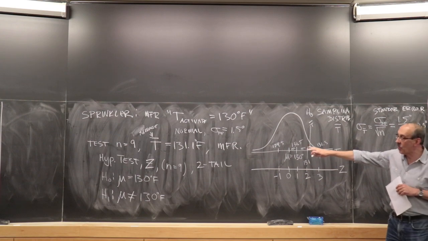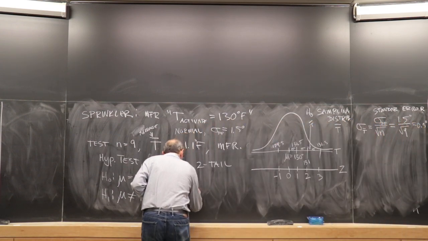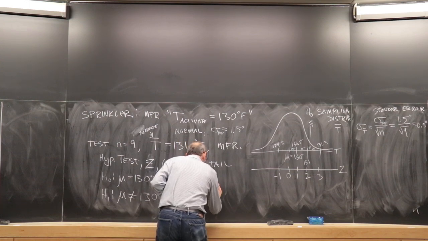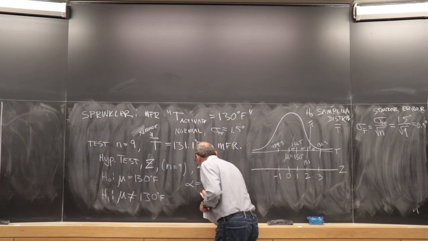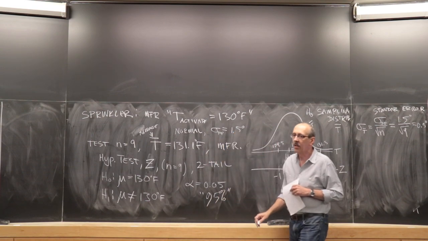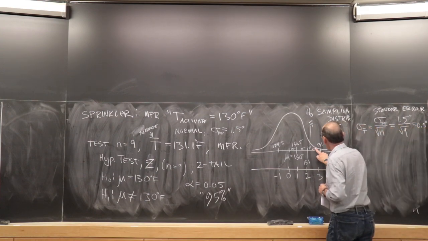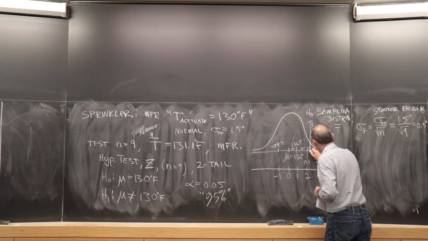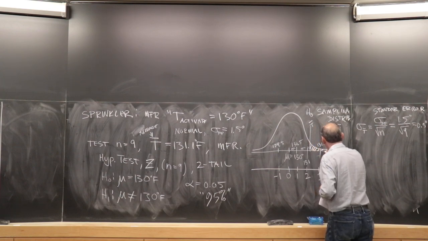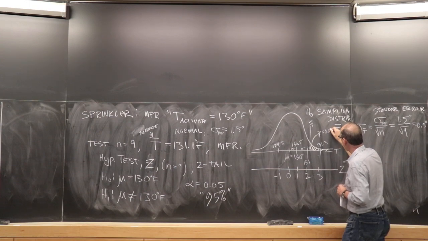I didn't say what level I'm going to use here. Let's pick, for this test, alpha is 0.05. So this is a 95% confidence level hypothesis test. Okay, so there's some rejection region out here where the probability in this tail is equal to 0.025, which is alpha over 2.